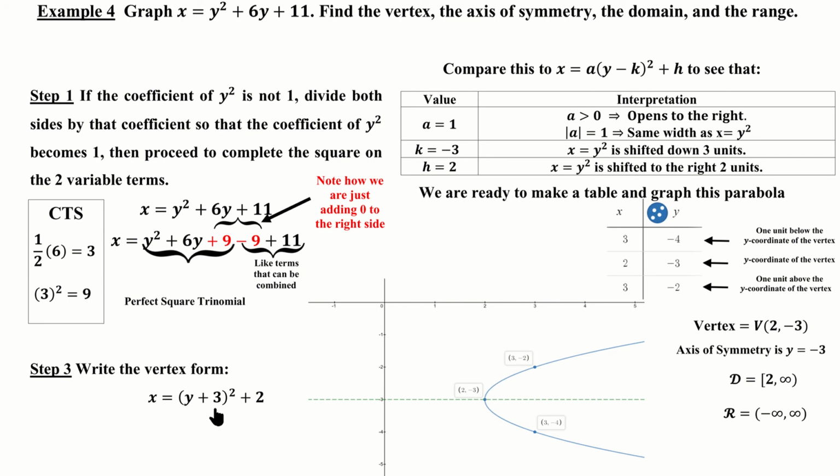So now we can see k is going to be the opposite of this, which is -3, and this is going to be h. So the vertex is at, remember, be careful here, don't put kh, it's still hk. So (2, -3) is the vertex. The axis of symmetry is this horizontal line, which is actually y equals k.